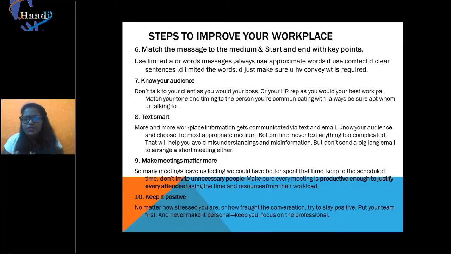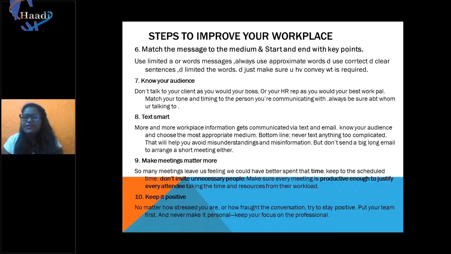So invite only necessary people, and make sure the meeting is productive enough to justify every attendee. When we tell something, it should have some productivity, right? In the same way, we should be productive enough to justify every agenda.